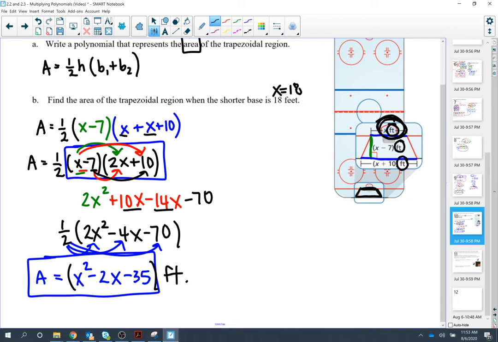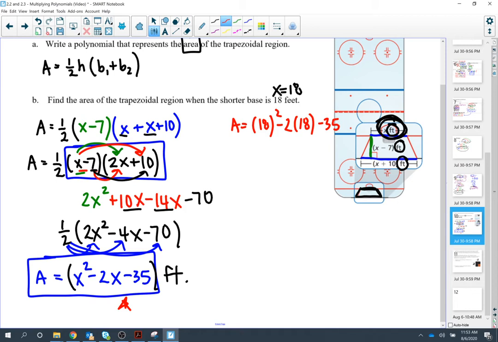And I want to find the area of the trapezoid when x is 18. So I know the area of the trapezoid is this thing. If I want to find the area when x is 18, substitute 18. So area equals 18 squared minus 2 times 18 minus 35.